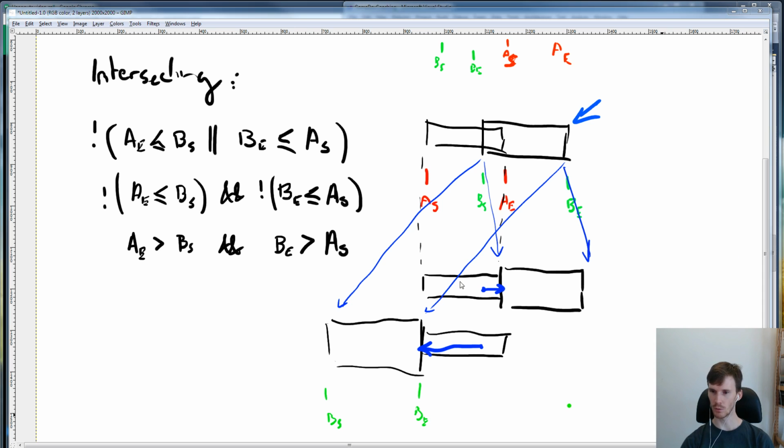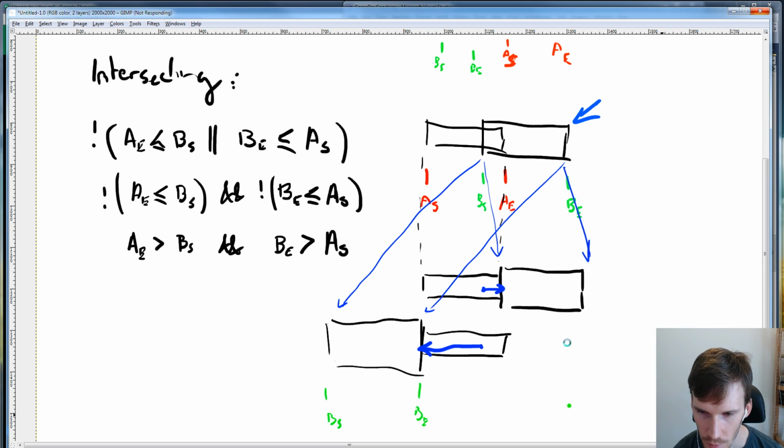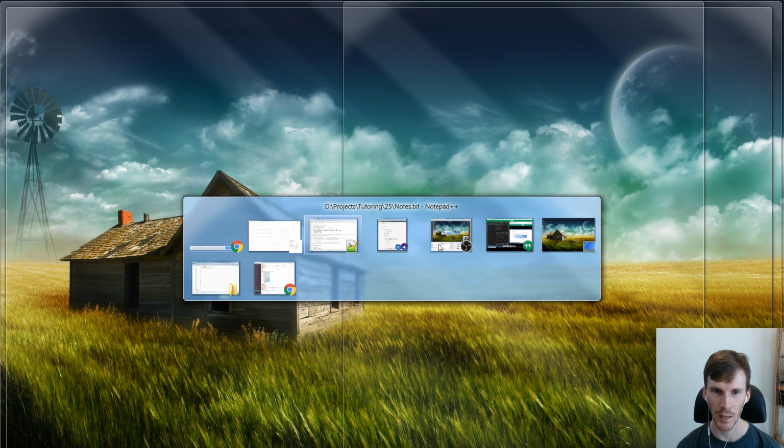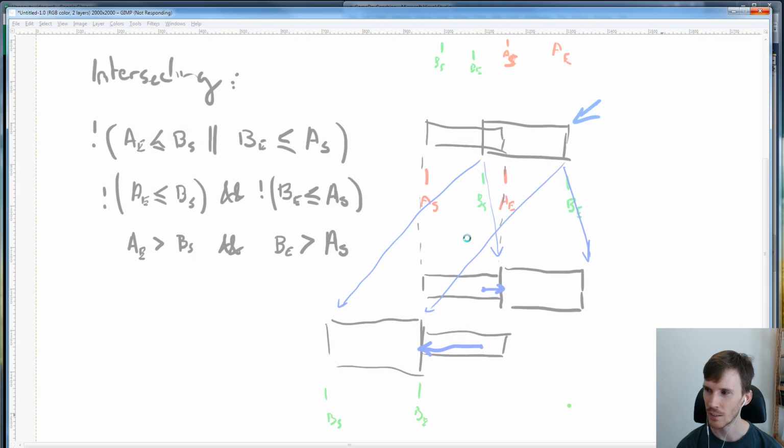Has my whiteboard crashed? That would be very sad. I like that diagram. I was quite happy with this diagram too. Oh no! Don't crash. Come back. I might have to kill this task. That's kind of tragic.